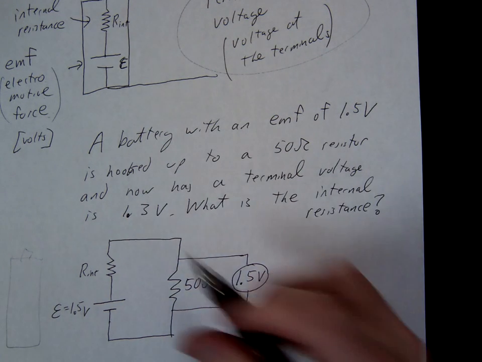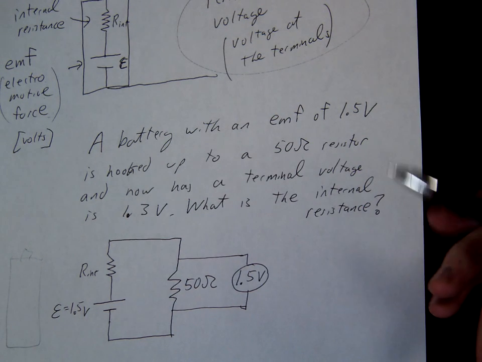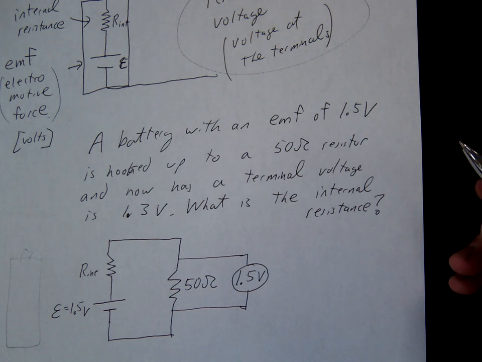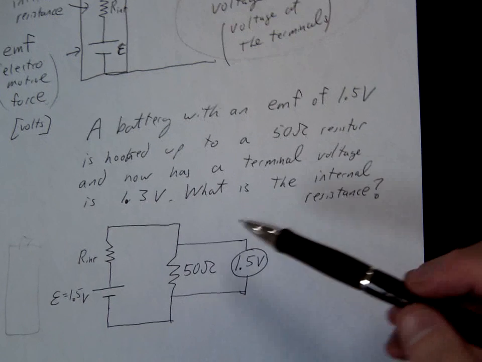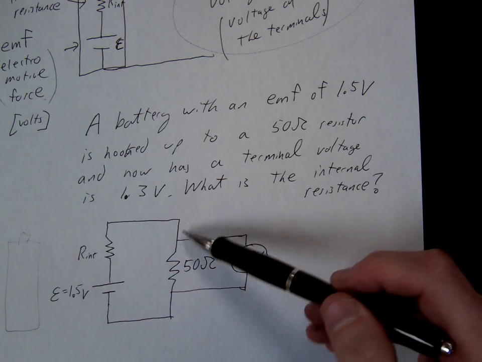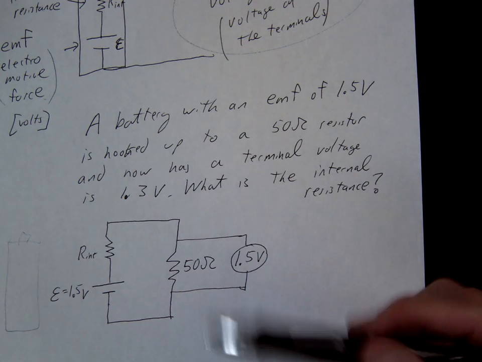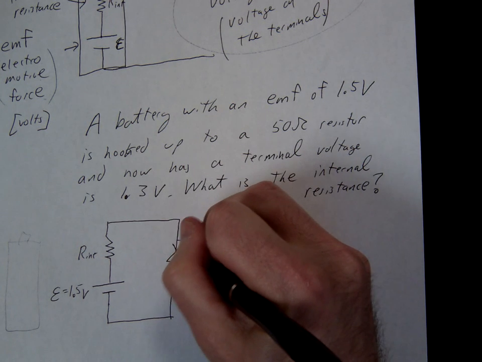So before we find R internal, what other piece of information could we find? We could find the current through the 50. So let's find the current through the 50. How are we going to get the current through the 50?